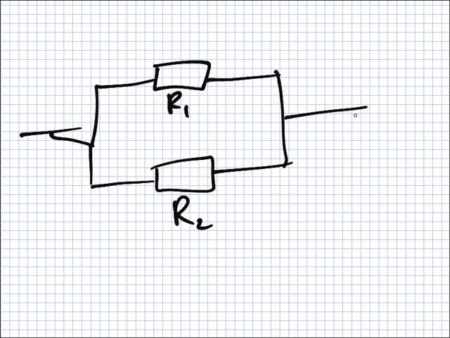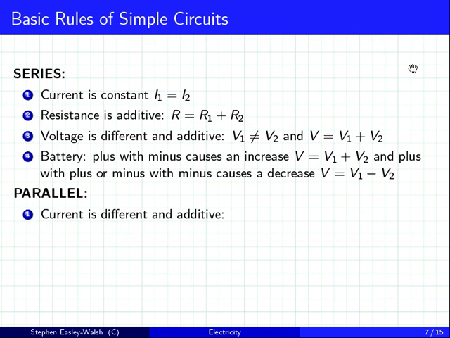What happens with the current? So suppose you have a current here of I1 and a current here of I2, then the current at the end, when you look at the total, will be I1 plus I2. So current is different and adds. Okay? Yeah?